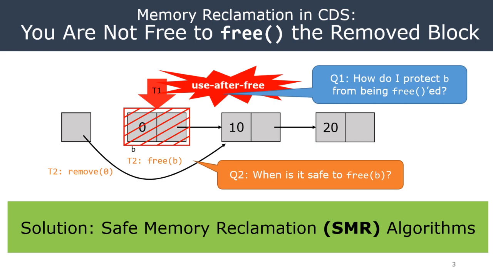So that's the reason why when you say, oh, I'm working on some safe memory reclamation algorithm, it usually means that I am working on concurrent garbage collection. Okay, so far so good. So we need to answer those two questions: how to protect and how to know when it is safe.